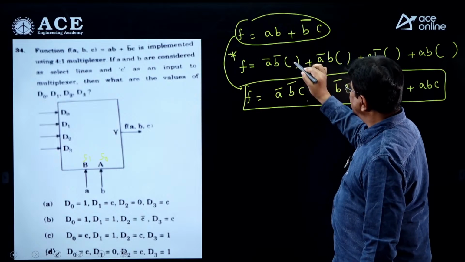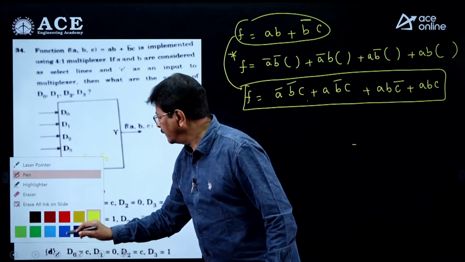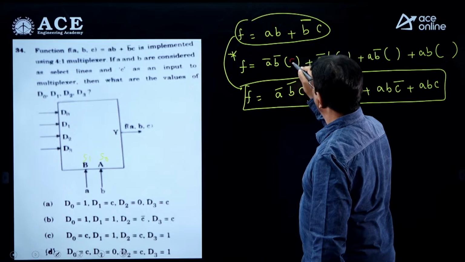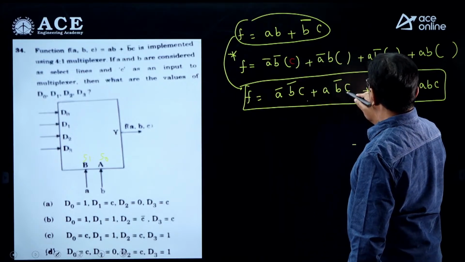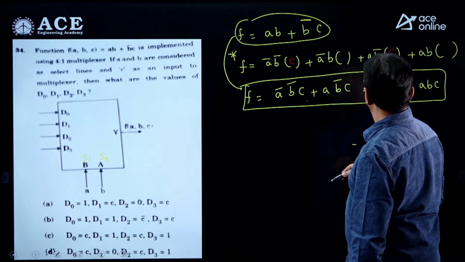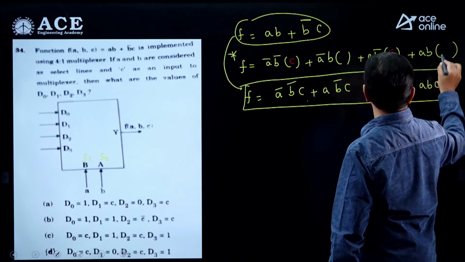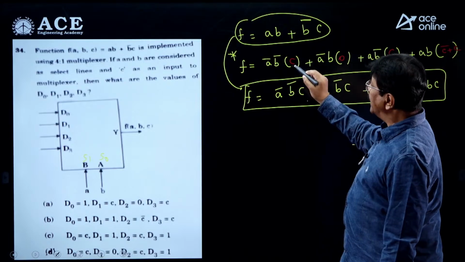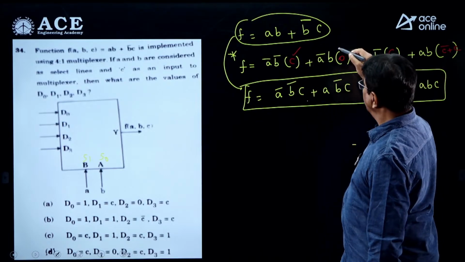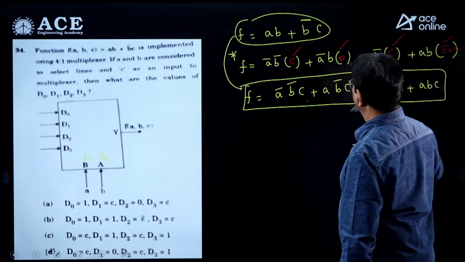A bar B bar into C. So map it here. Next A B bar into something. So here you have A B bar C. Next A B into C bar plus C, and here it is 0. So the I0 to I3 connections are C, 0, C, 1.